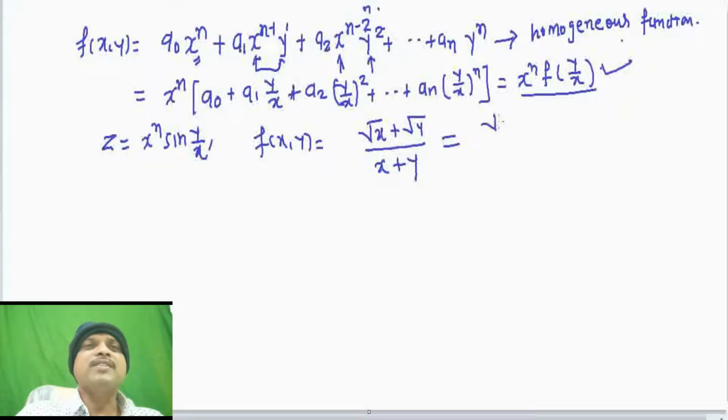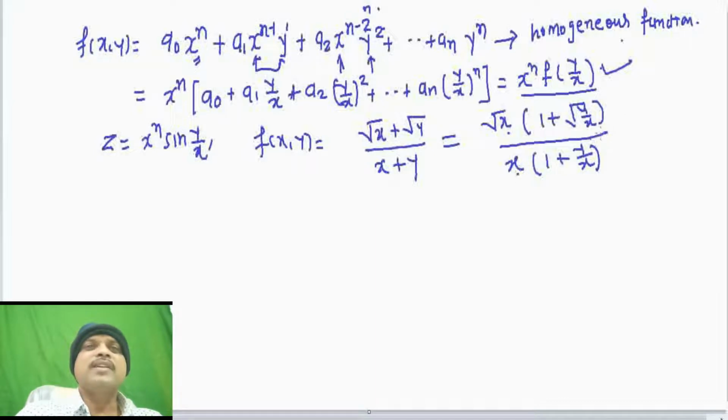So we take under root x common from the numerator, and we get 1 plus under root of y divided by x, whereas in the denominator we take x common and get 1 plus y divided by x.